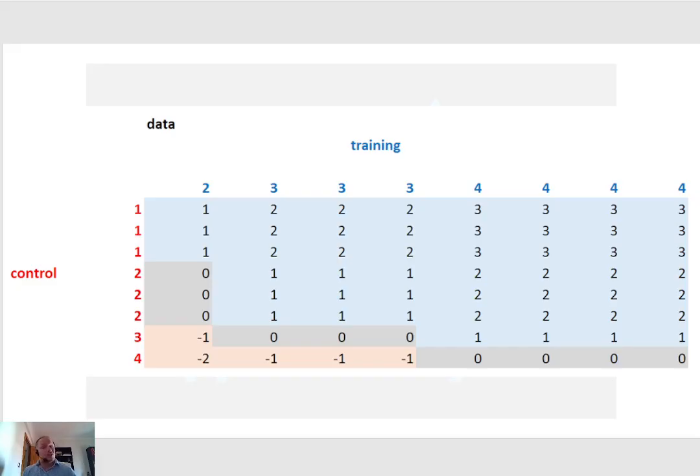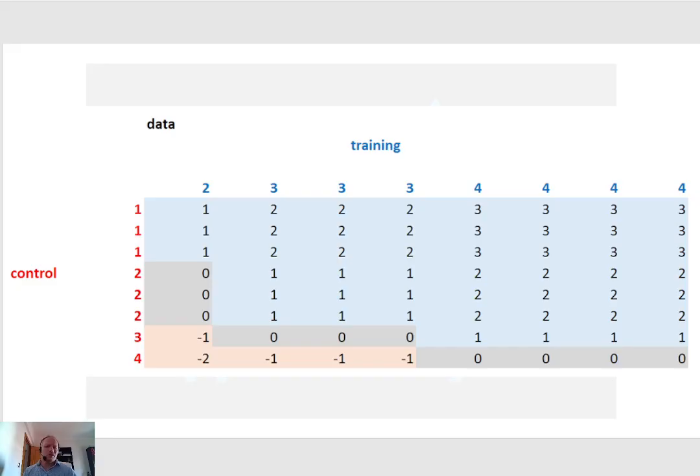The comparisons in blue are positive numbers and indicate that for the comparison at hand, the training performance was better than the control performance. The comparisons in red indicate the opposite, that is, a better performance in the control group. And the numbers in gray are zeros and indicate an equal performance.